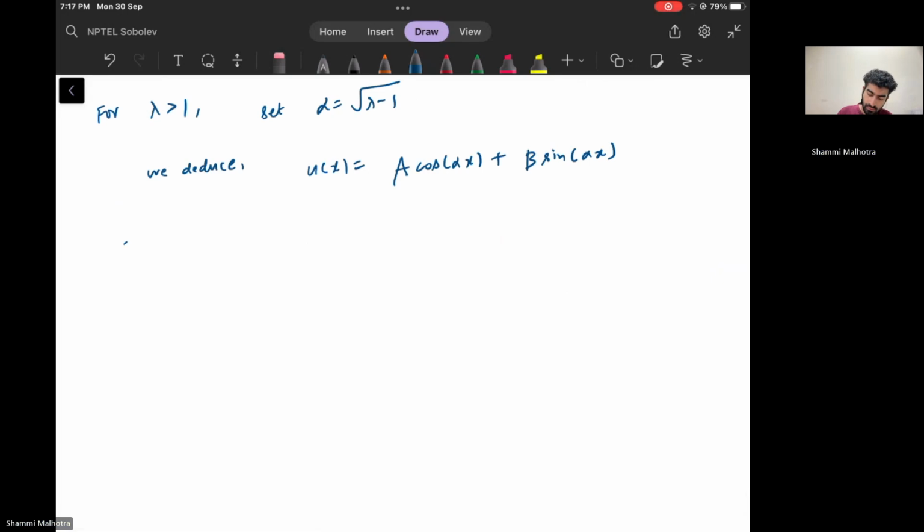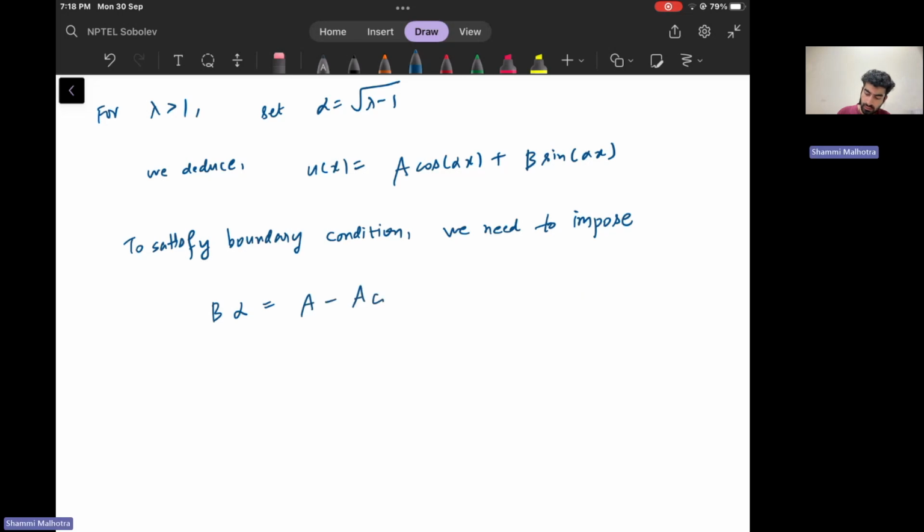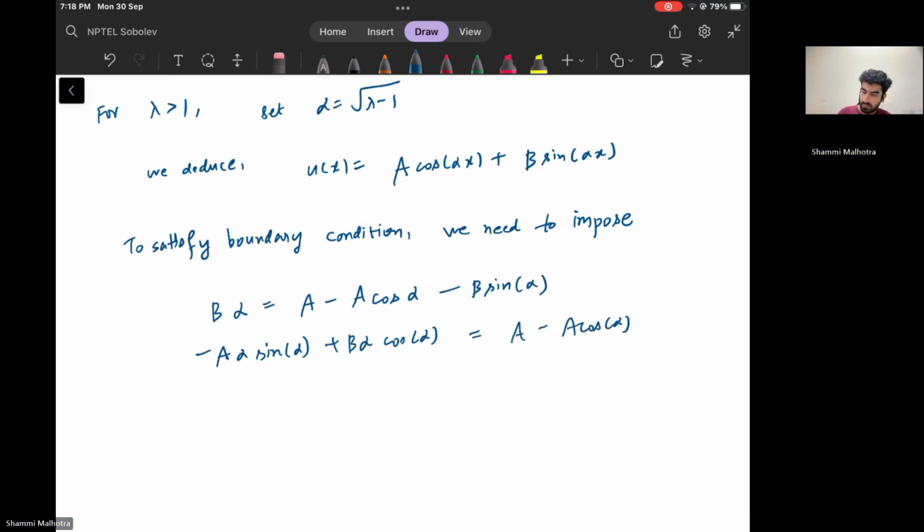And to satisfy the boundary condition, we need to impose b alpha a minus capital A cos alpha minus beta b sine alpha, again minus a alpha sine alpha plus b alpha cos alpha, a minus a cos alpha minus b sine alpha.